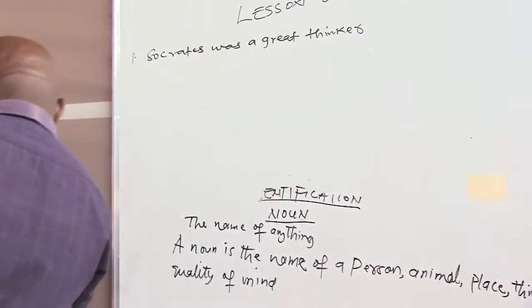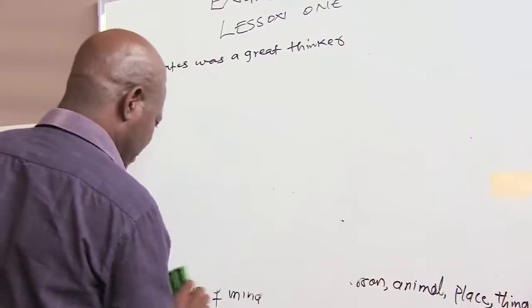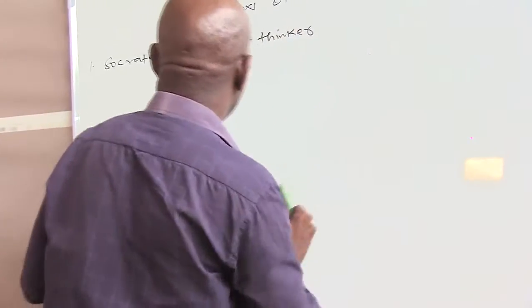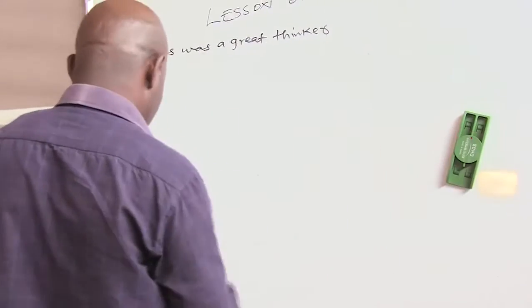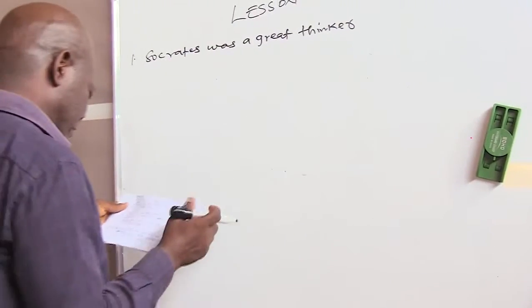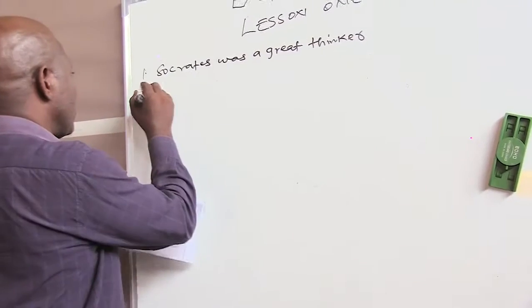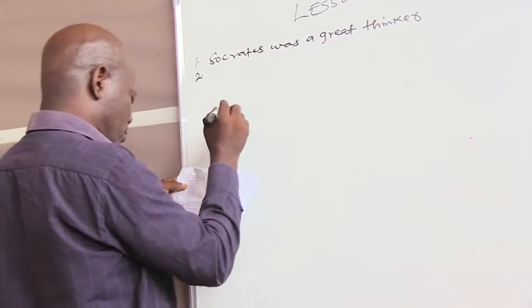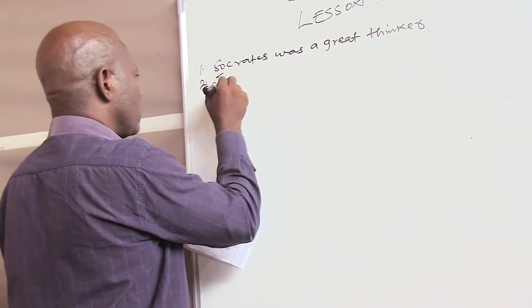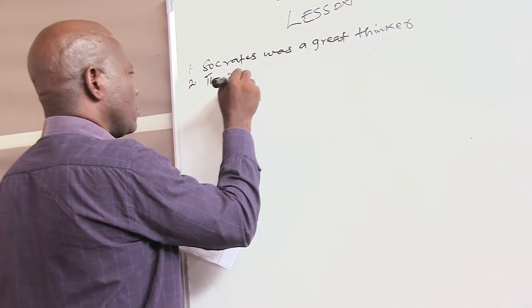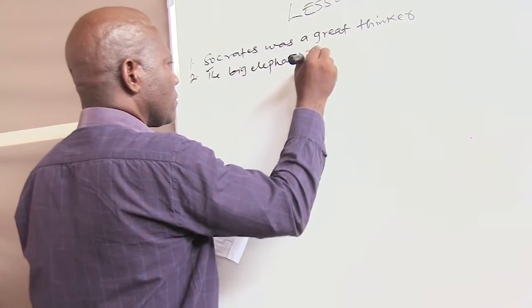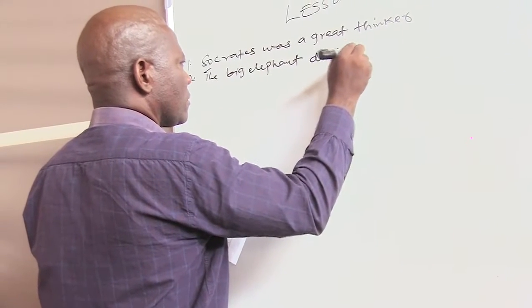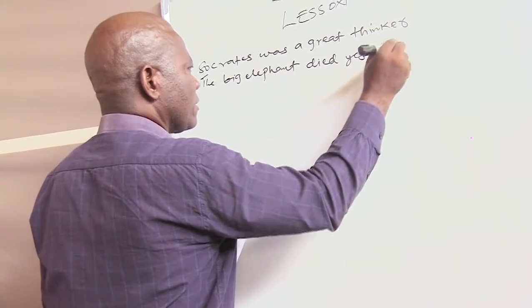I'm going to write the sentence examples completely, then before underlining and explaining why we use those sentences. Number 2, the big elephant died yesterday.